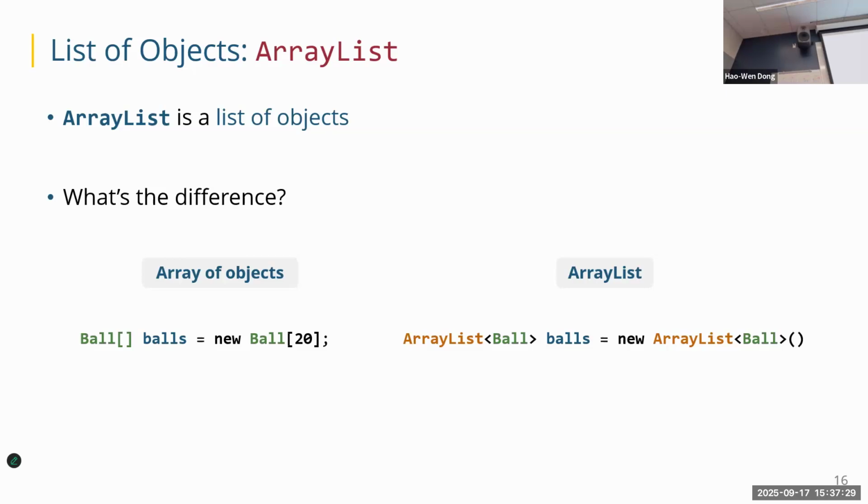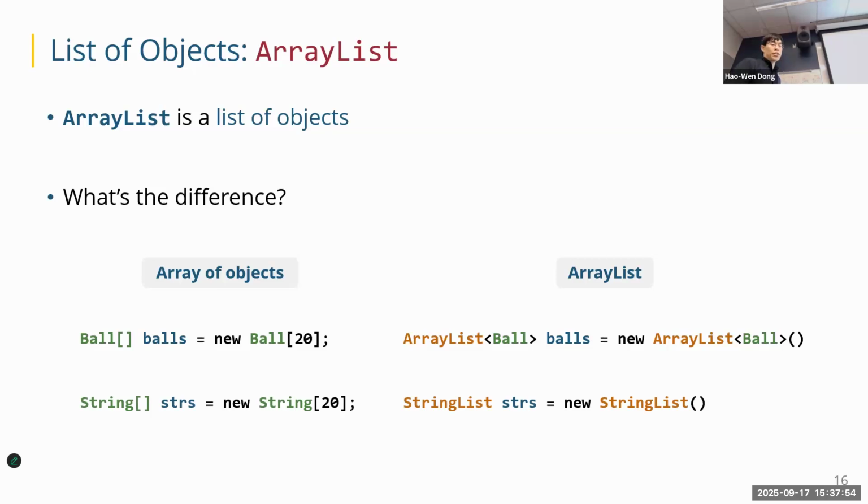So ArrayList, and then you have this angle bracket where you determine the data type. This will be the data type, meaning that this list has that specific data type. And you want to do the same thing as how you initialize a class.